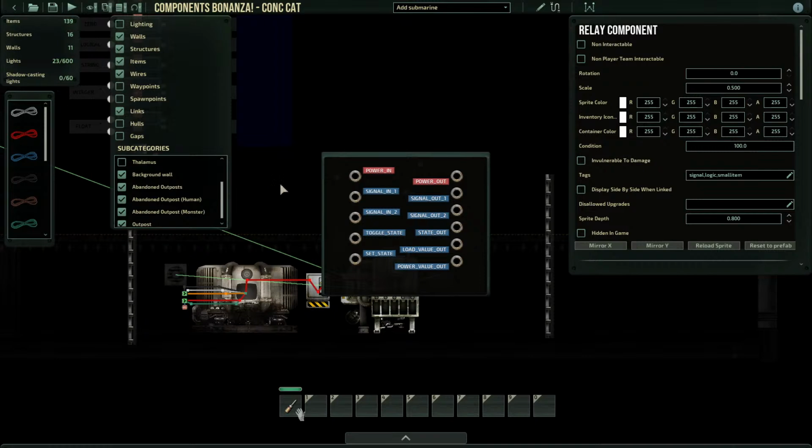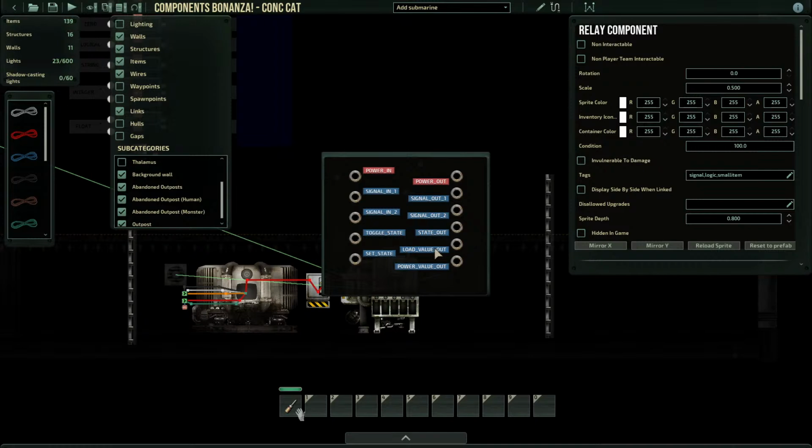So if you have a signal in one going to the signal out one, you cannot send signals back up that line, or you cannot get outputs to go from out to in. It only goes from in to out. These sound like very clear observations, but you'd be surprised how easy it is to mix that up. We talked about the power going through the relay. These are two recent additions, the load value out and the power value out.